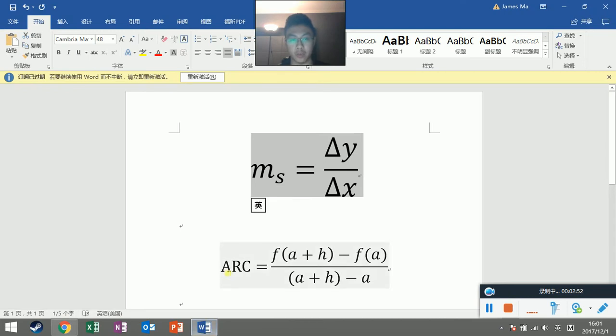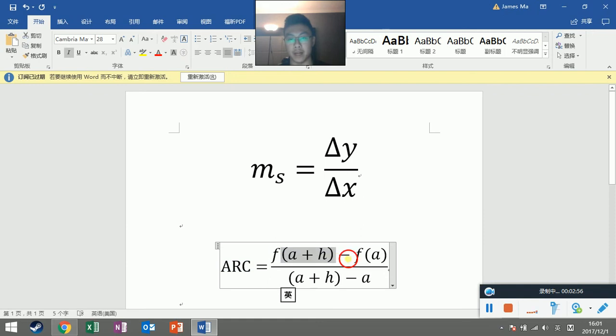As we also recall the ARC formula, ARC equals to f(a plus h) minus f(a) divided by a plus h minus a.